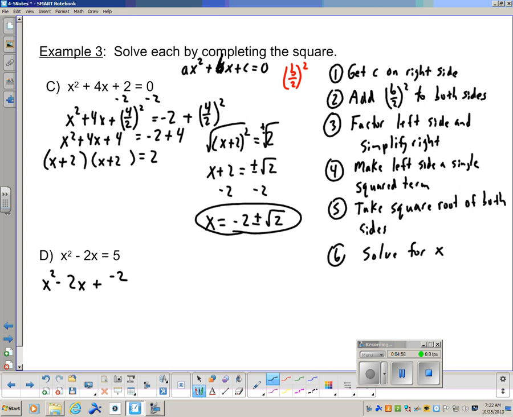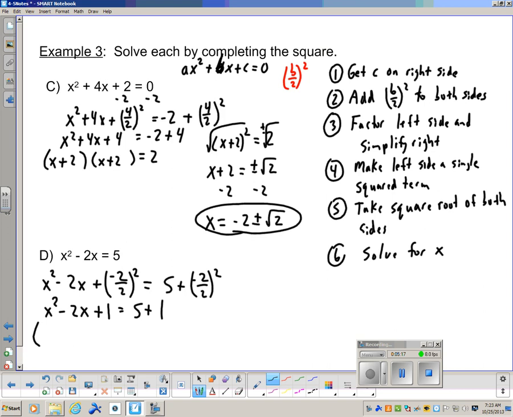So b divided by 2 squared: negative 2 divided by 2 is negative 1, squared I get 1. Over here, I also get 1.